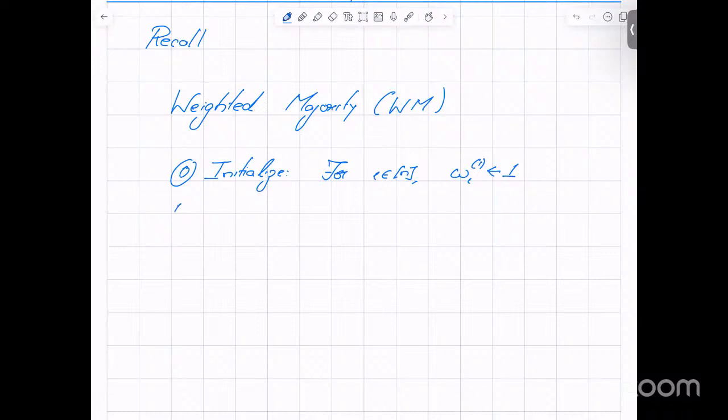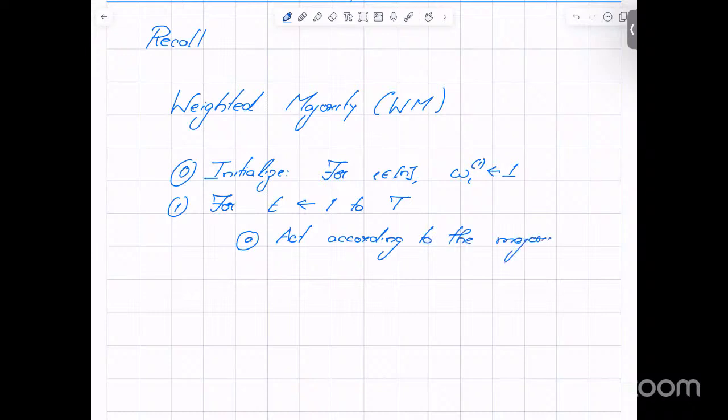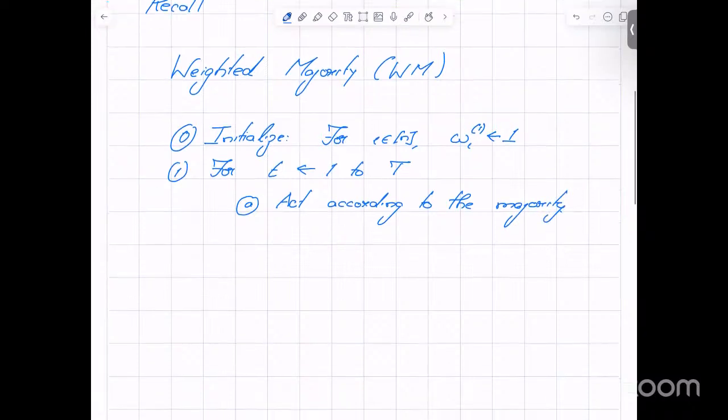Then for all the time steps of the algorithm, for 1 to T, you acted according to the majority of the weights. That's how we acted. Then step B, you observe the outcomes.